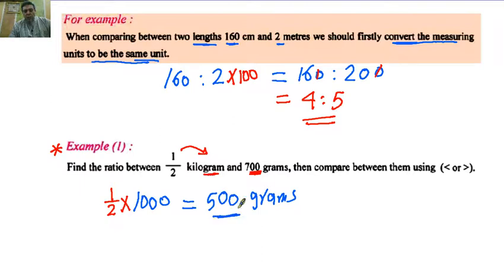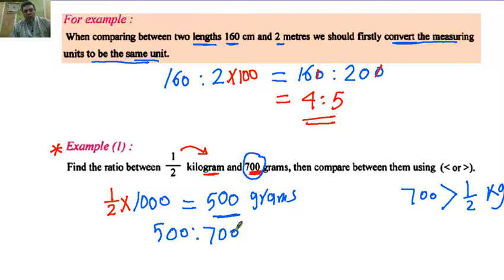Then we notice that 700 gram is greater than 500 gram, so 700 gram is greater than half kg. We must put the two terms in the ratio: 500 to 700. Simplify, divided by 100, or cancel two zeros. The ratio becomes 5 to 7, or 5/7.